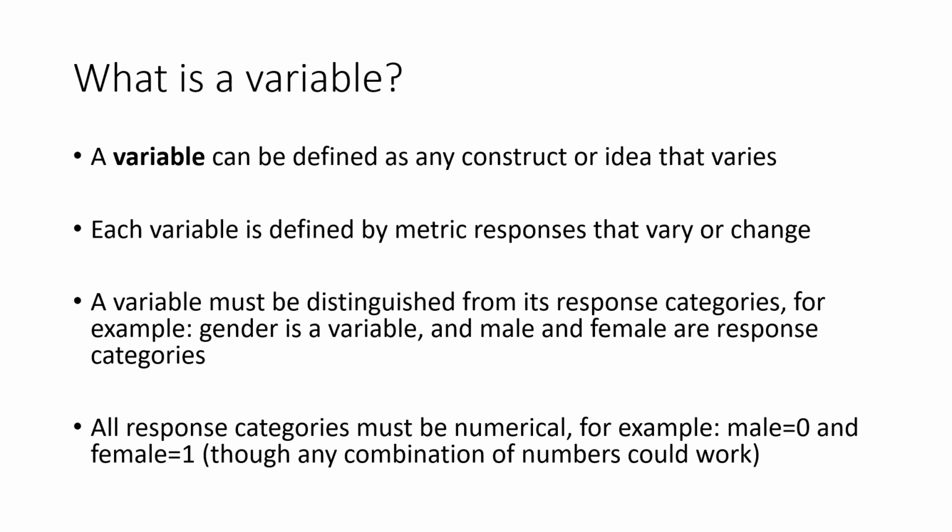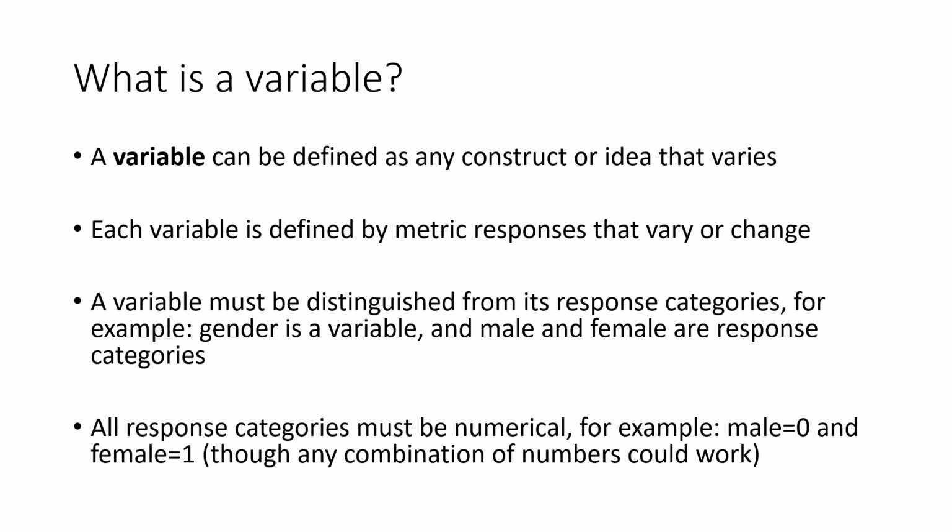Now, each variable is defined by metric properties that vary or change. Metric properties meaning numerical properties. And the reason we have to use numerical properties attached to our variables is that the statistical software that we use in our statistical analyses doesn't recognize words or ideas, it only recognizes numbers.